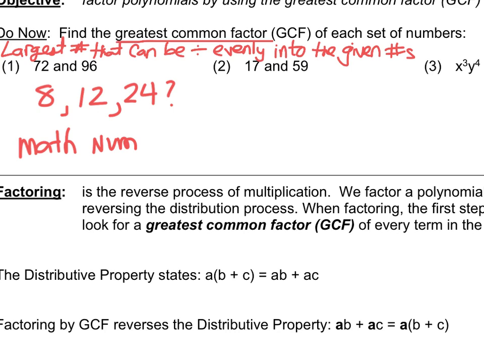So GCD is the one that we want. The D stands for divisor, greatest common divisor. You select GCD and type in your two numbers, 72, 96. So 24 is our winner.